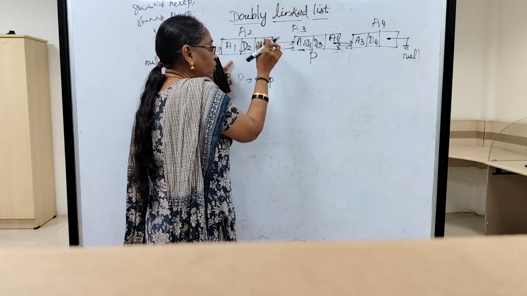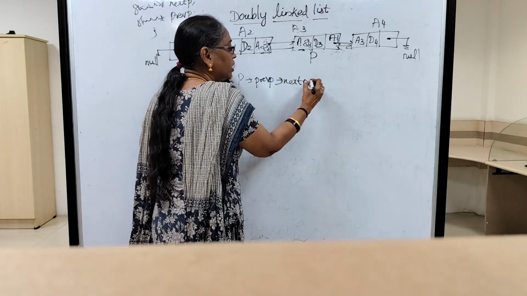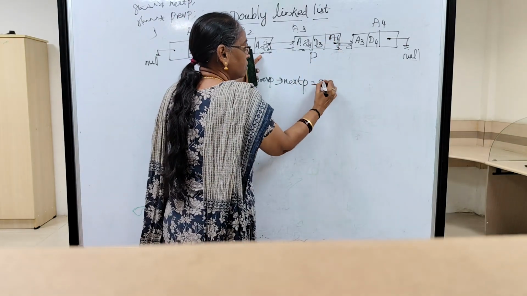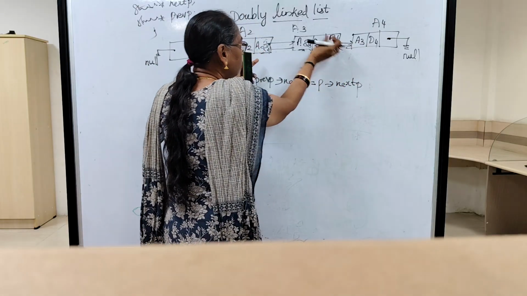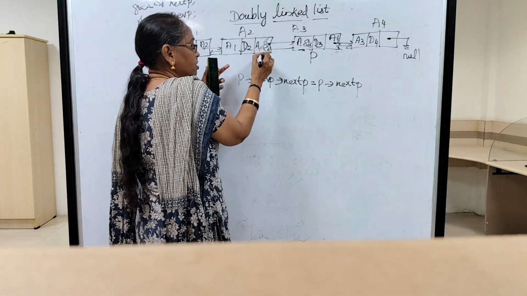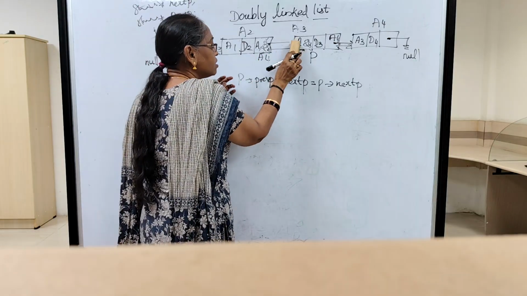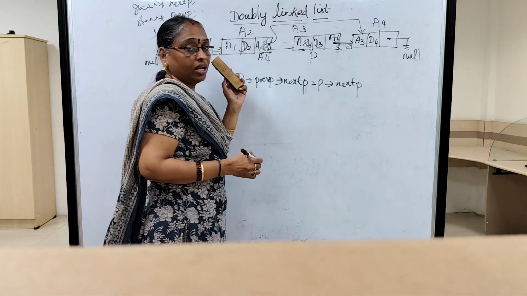In this particular node, what should be my next pointer? The next pointer should be my P of next. So this value will be copied here. So this will be updated to A4, right? So this next should be pointing here, right?